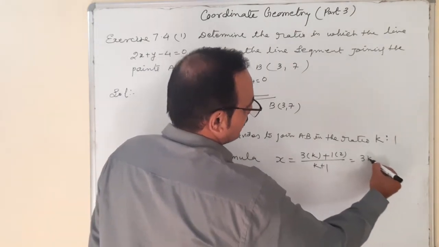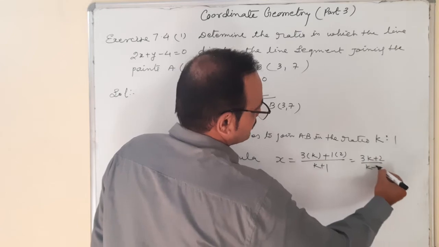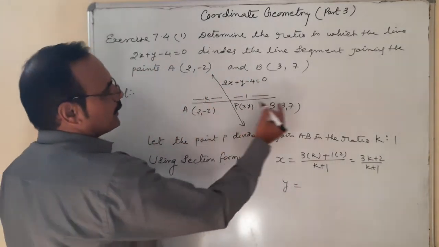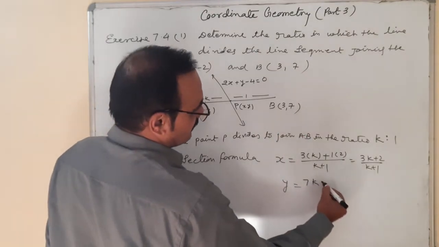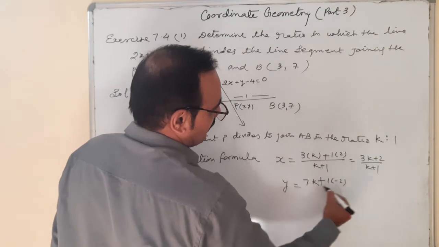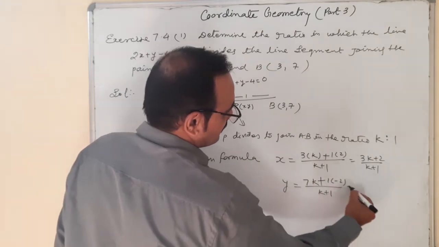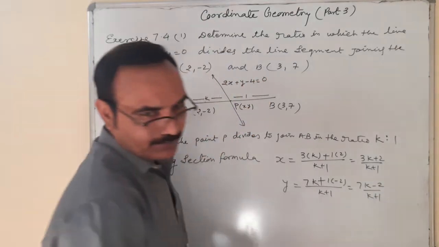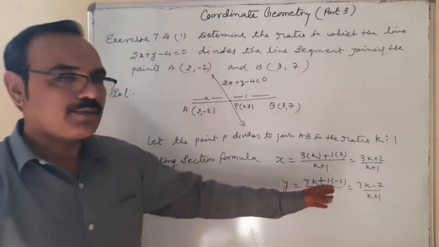That means 3k plus 2 upon k plus 1, and y is equal to k multiplied by 7 plus 1 multiplied by minus 2 upon k plus 1, so it is 7k minus 2 upon k plus 1. These are the values of x and y.